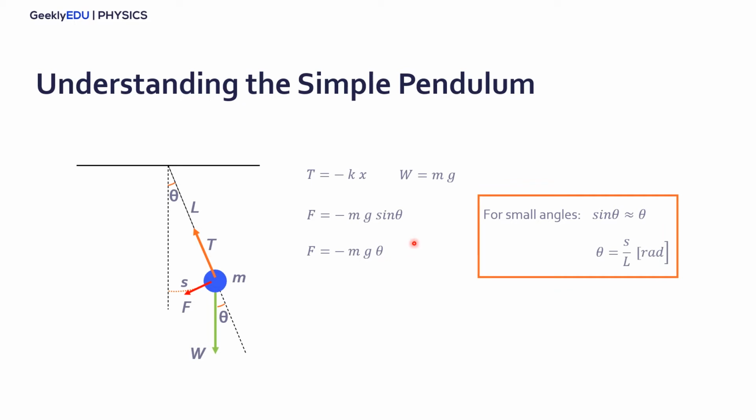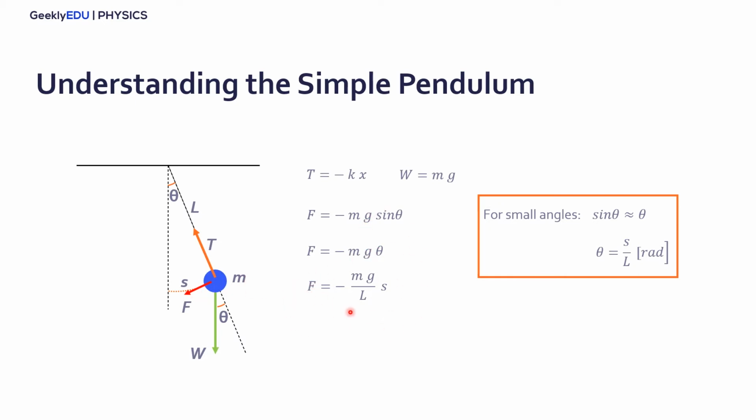Also, for small angles here, we have that the angle here is actually S divided by L. Okay? This in radians. Alright, so we can now insert this into the formula, and we have an equation like this.